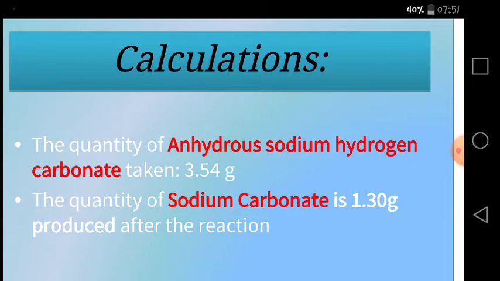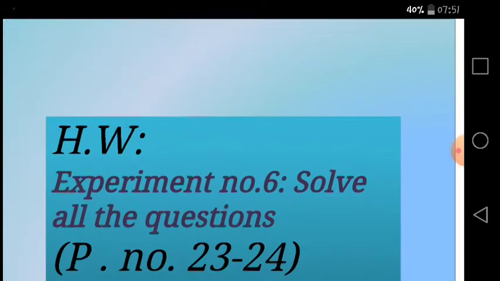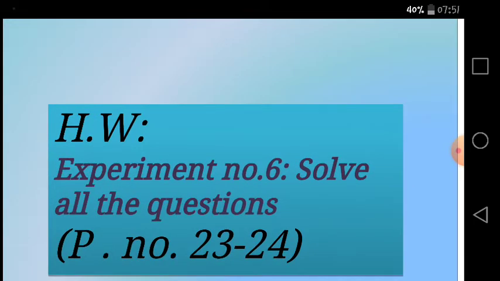So this is done for you. Now you have to calculate the other questions and answer them. And this is your homework, experiment number 6, and you have to solve all the questions given in your practical journal, page number 23 to 24.